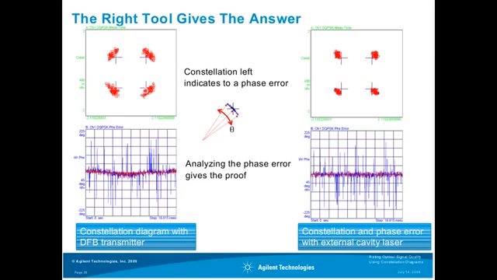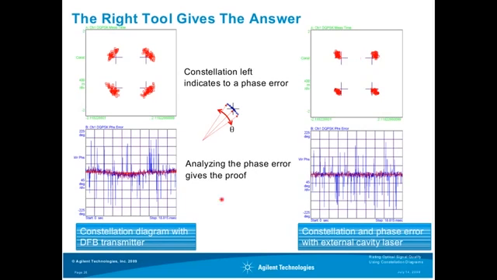And here we can clearly see that there is a phase noise present in the transmitted signal. In contrast, here we have a very good transmitter. Of course, it is not perfectly aligned, but we see a kind of Gaussian distributed noise.